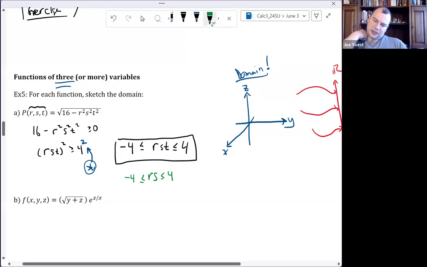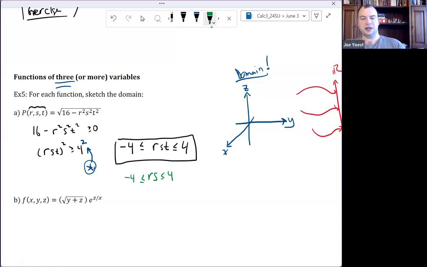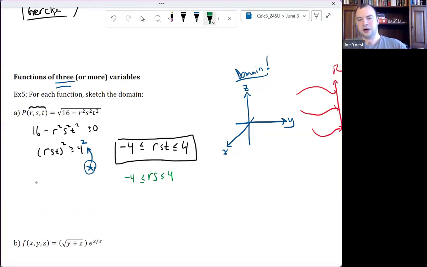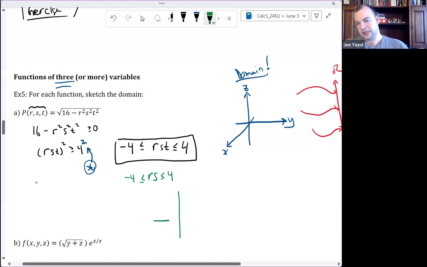If I imagine what the 2-dimensional analog of this would look like, I have a lot of symmetry here, and there's a saying in math and some other technical fields like physics that when there's symmetry in a problem, if you respect that symmetry, it often rewards you. So what would it look like to say RS is less than or equal to 4? Well, that's like R is less than S over 4, S is less than R over 4.